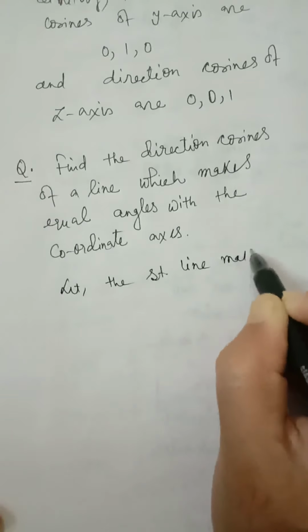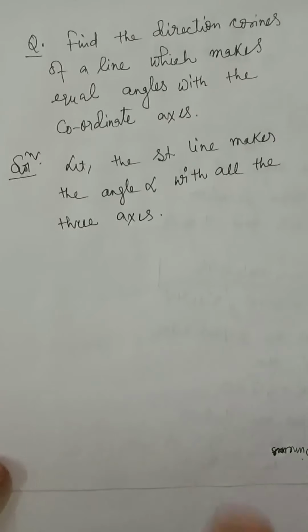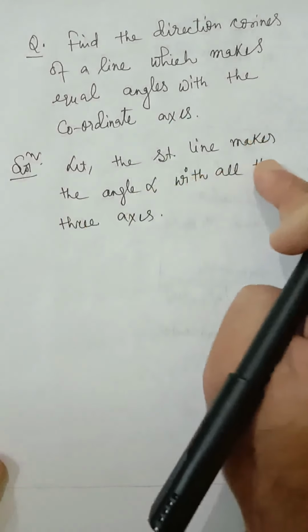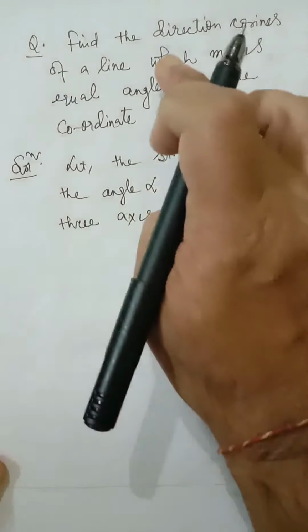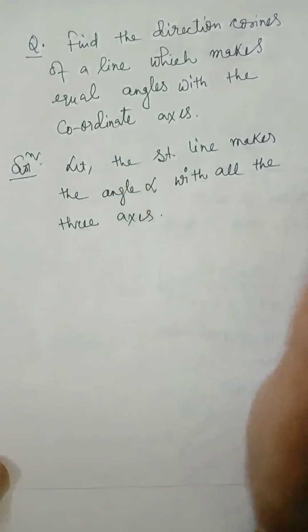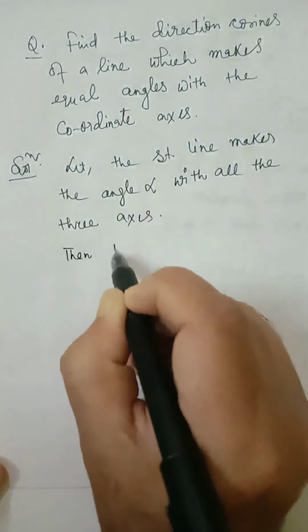Let us first assume that the straight line makes the angle alpha with all the three axes. That is, alpha, alpha, alpha.